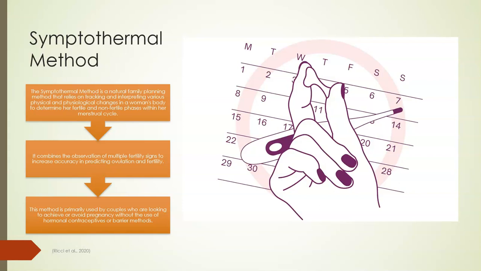It may differ for each woman, give or take 1 or 2 days. So all these methods combined, the calendar, the cervical mucus, the temperature, can all be used to determine the ovulation period for the woman, either to increase her chance of getting pregnant or to reduce her chance of getting pregnant. All right, so that is called the symptothermal method.